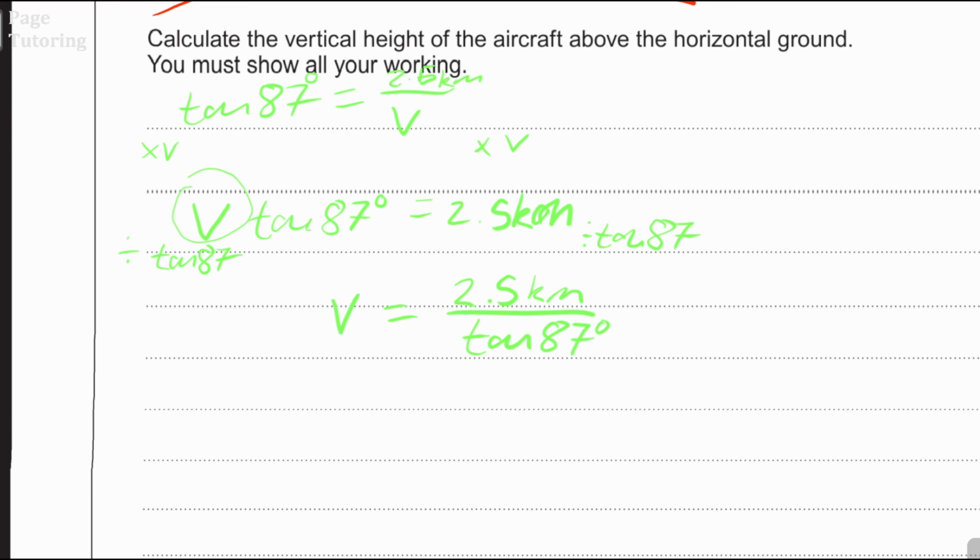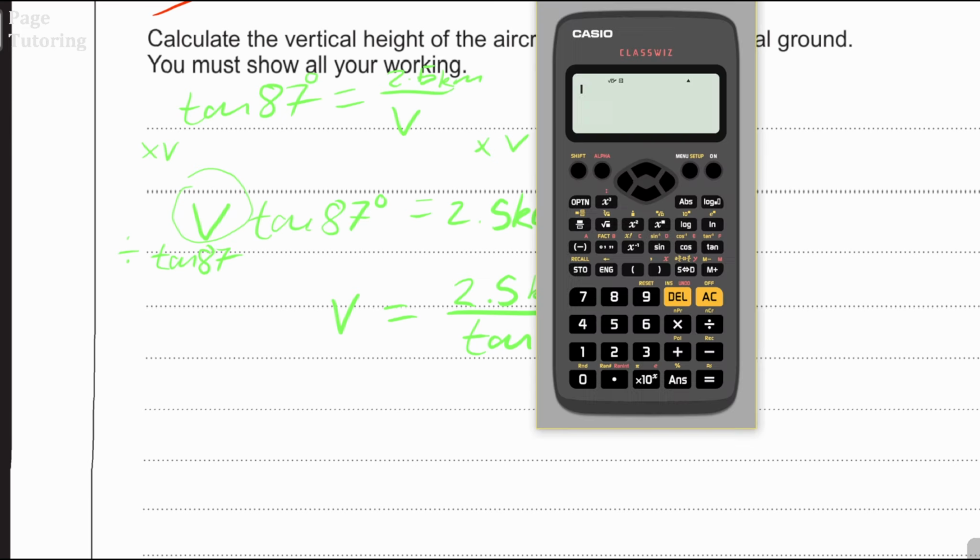So if we get out our calculator, because I can't do that in my head, so just so I can make sure I've done this correct, I'm going to use the fraction symbol, same as if you just used the divide sign. I'm going to leave it in terms of kilometers, so 2.5, and I'm going to put that over, click the tan button, and that is 87 degrees. Now this calculator, you can see at the top there.